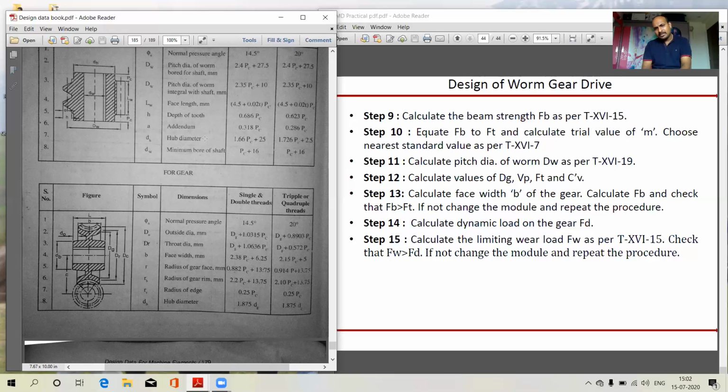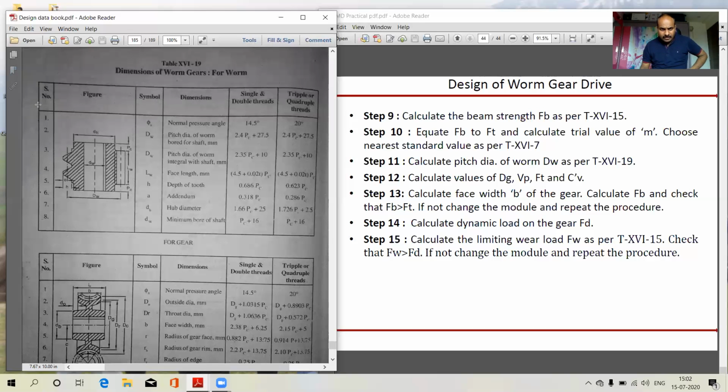Once you get the value of PC, 80% of the problem gets solved. And once you got PC, that means you have your module, because module equals PC upon pi. So once you get the module, you can have all the values related with the worm and worm gear.